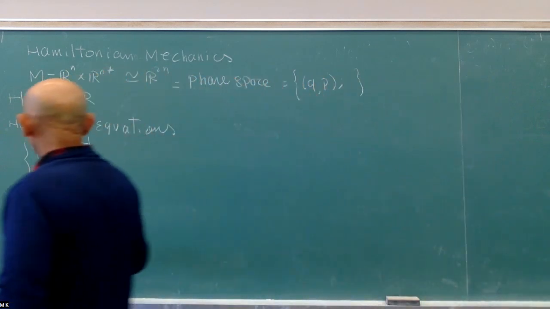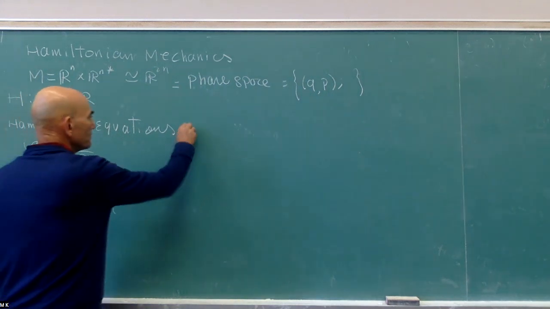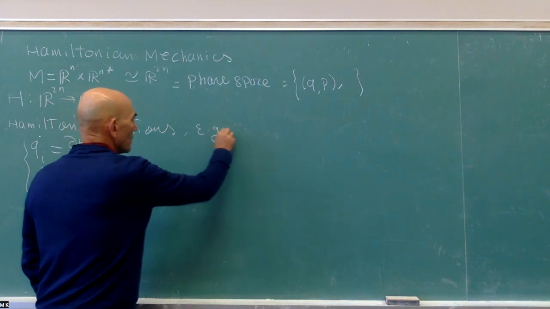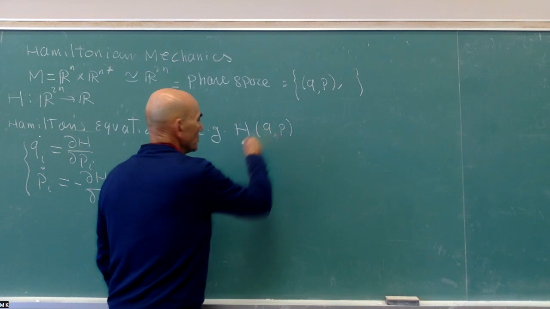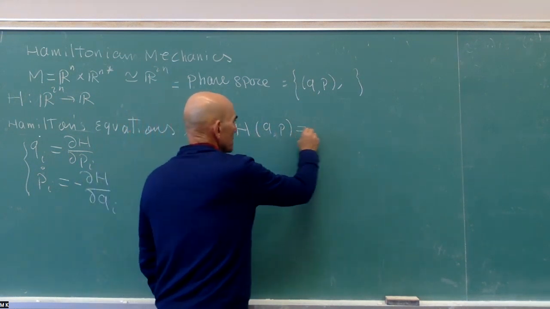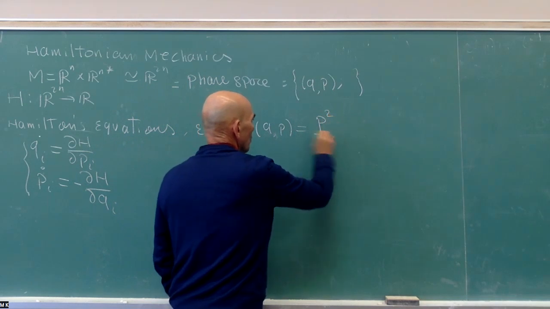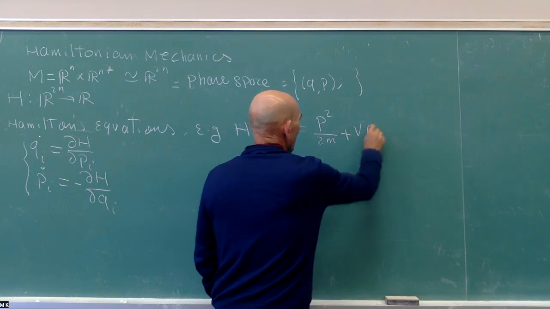One of the things I promised to do was to prove Liouville's theorem. But okay, so here is an example. The typical example is H of q and p, I just don't write q_i and p_i, I just write q and p, is p squared over 2m plus V of q.